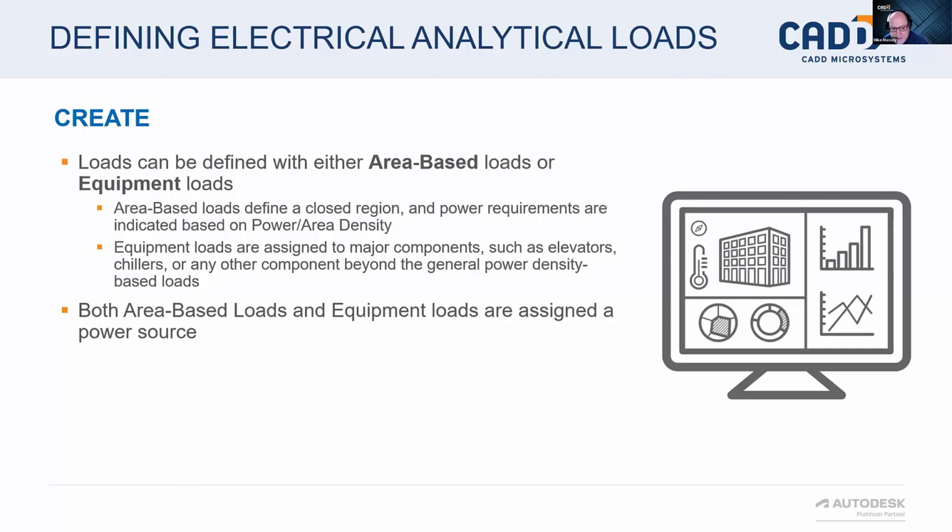And then the last step is, once we have the area-based loads and the equipment loads created, we'll go back and assign those loads to a power source, either a panel or something showing where that load's coming from. But before we can do that, we'll first have to create that distribution system, so we have some panels to connect these loads to. We'll go back and do that after we have that distribution system created.